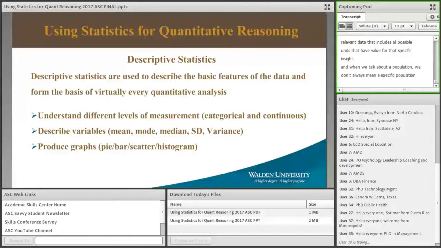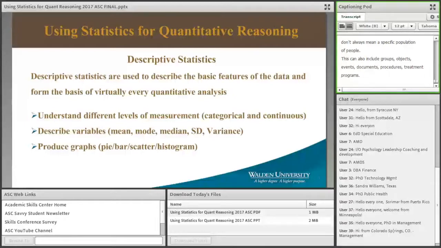This can also include groups, objects, events, documents, procedures, treatment programs. But of course, in the real world, it's not always possible to get insight on a complete population. That would be too time-consuming and probably very expensive.